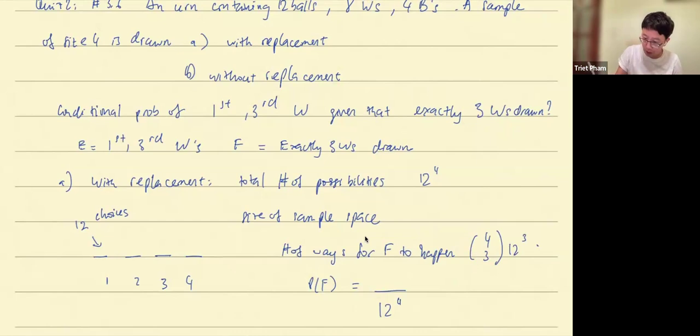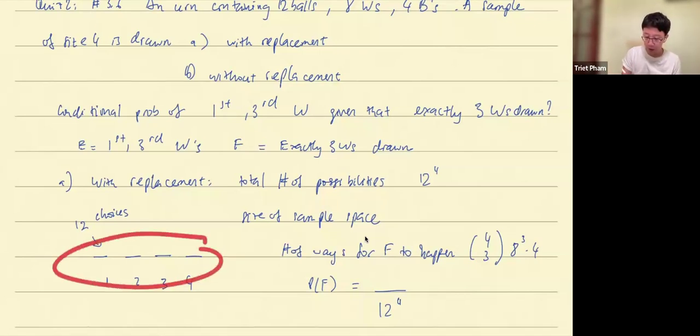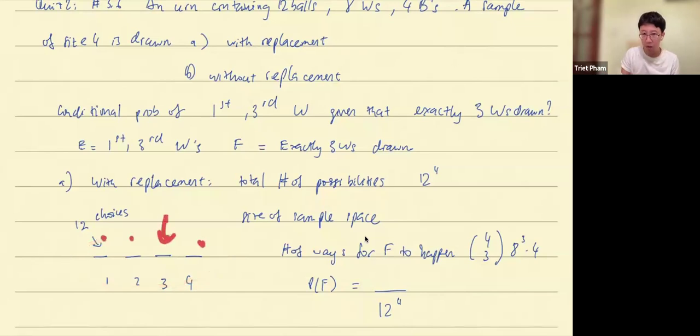Sorry, not 12 cubed, 8 cubed times 4. Agree? Because out of 4 positions, you choose 3 to be the white. The other one will be the black position. Then there are 8 possibilities for each of the white positions, and there are 4 possibilities for the black position. Are we clear on that?